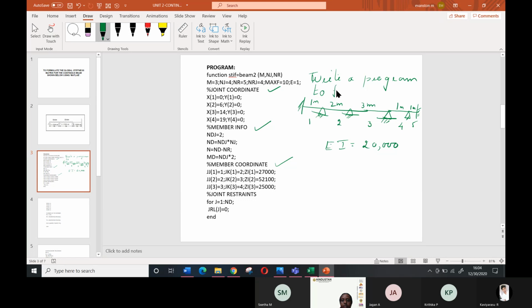to find the number of degrees of freedom, member information, joint coordinate, member coordinate.